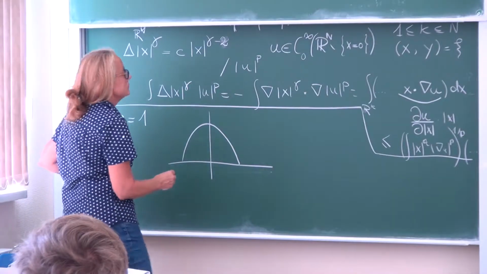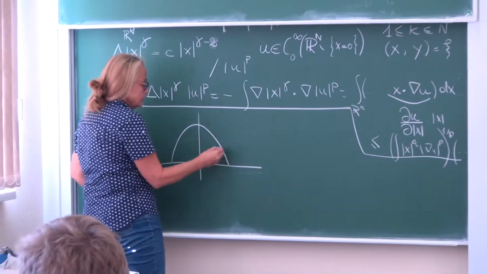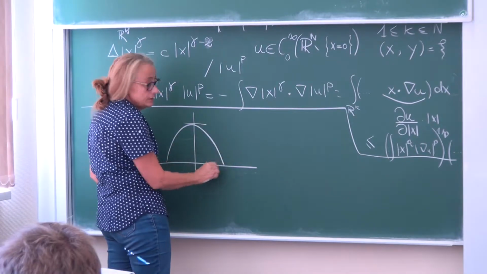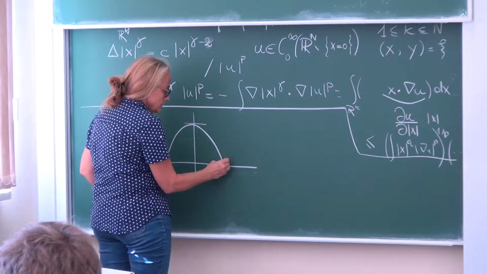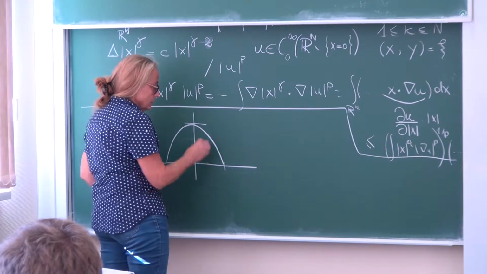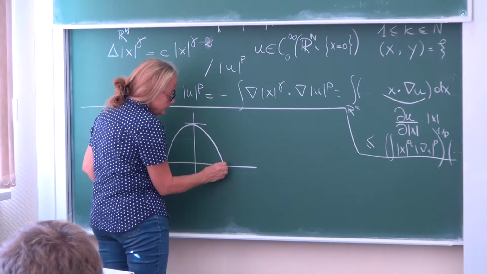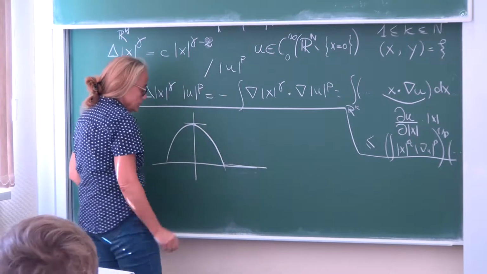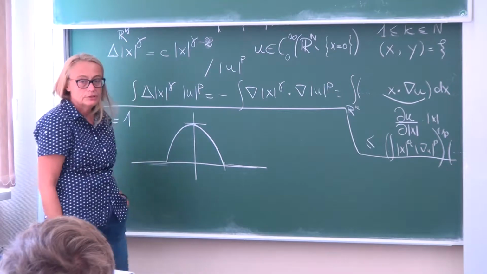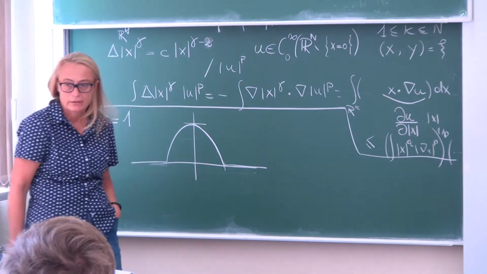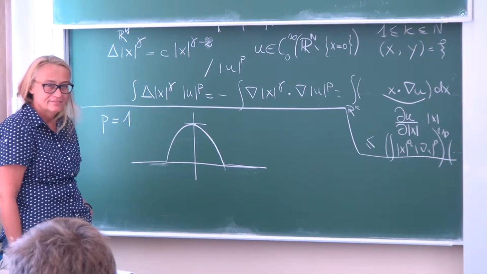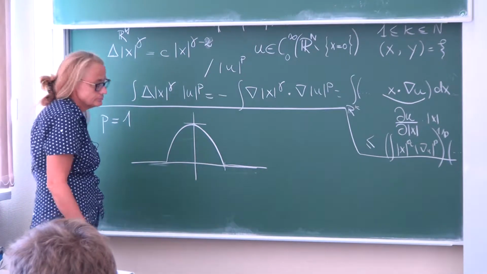Actually, take any radial function that is radially decreasing and positive, and then is 0 outside. Any such function achieves the Hardy constant. Try to believe. For p equals 1.